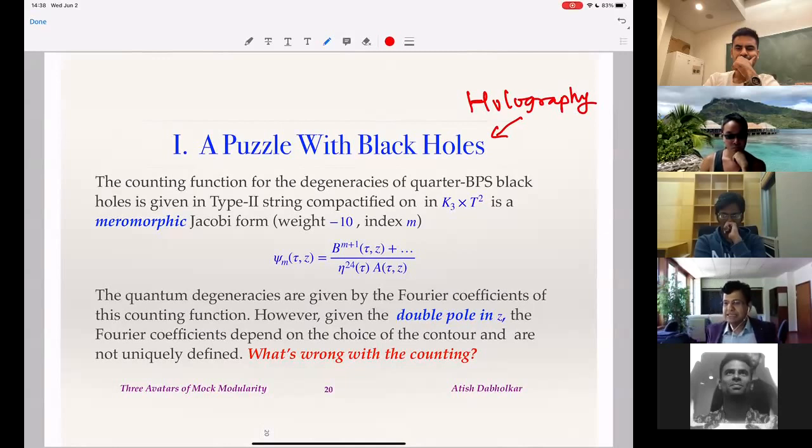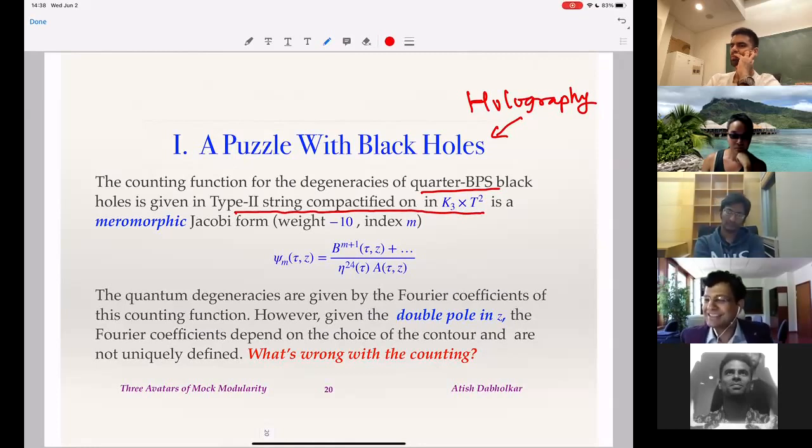These dimensions of the Hilbert subspaces in the string theory context are for some special kinds of black holes, the quarter BPS black holes, for type 2 strings compactified on K3 cross T2. If you have not studied string theory from the 80s and 90s, you can just think of it as a function that is given to you. There is some counting problem. It's quite closely related to counting instantons, for example.